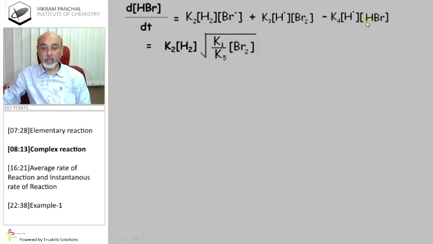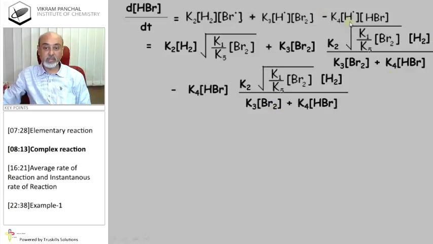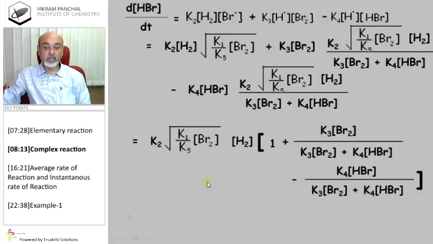Now this is equation 1, and in this equation we can substitute the value of Br dot and H dot. So K2 H2 under root K1 upon K5 into Br2 plus K3 Br2 into K2 under root K1 upon K5 into Br2 into H2 upon K3 Br2 plus K4 HBr minus K4 HBr into K2 under root K1 upon K5 Br2 into H2 upon K3 Br2 plus K4 HBr.